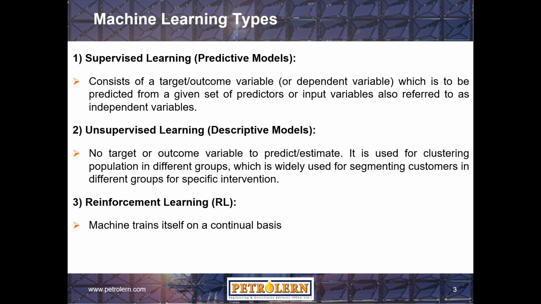Your EUR is your output, and in this case, since your EUR is a number, it is considered to be a regression model. And if instead of EUR you had, let's just say, true or false as your output feature, then that would be a classification problem.